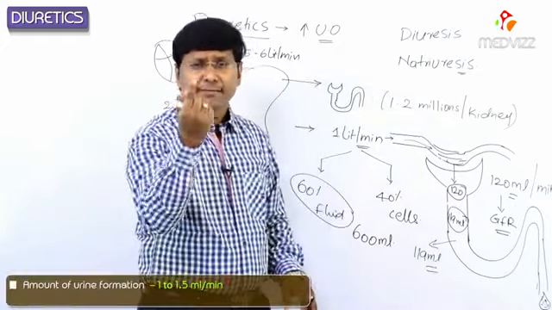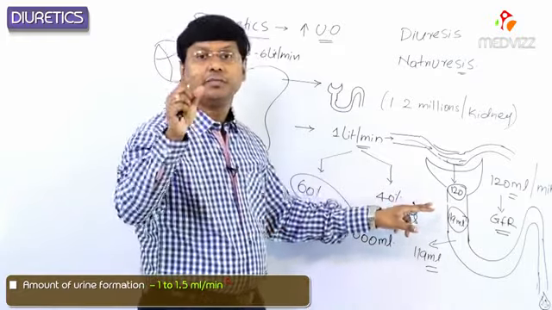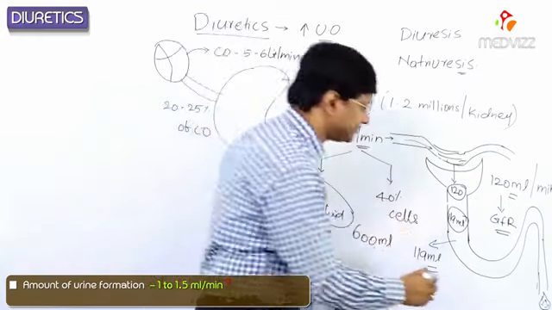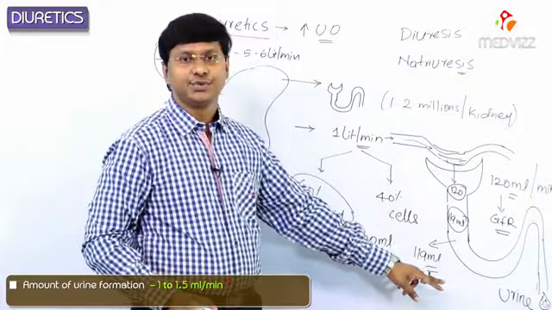So only 1 ml of this 120 ml will be formed as urine.